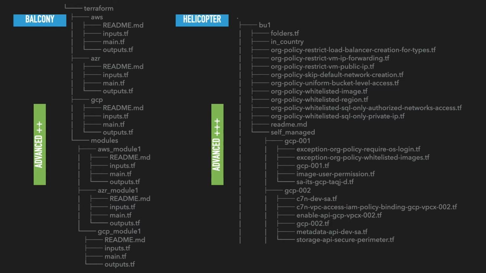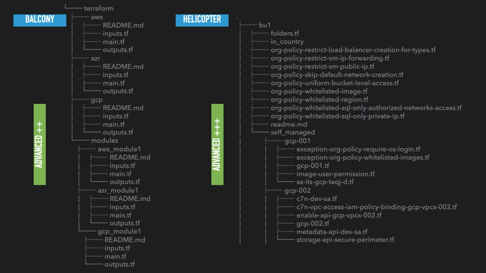As soon as we have this tree view, balcony view, and helicopter view, we have to care about separating the code, separating of duties. We cannot mix everything, like take the helicopter view and put everything into a single repository: projects, networking, organization constraints, IAM bindings.